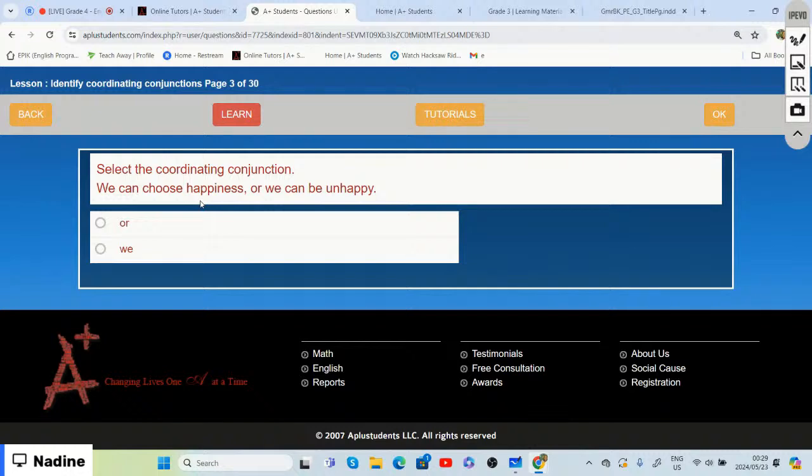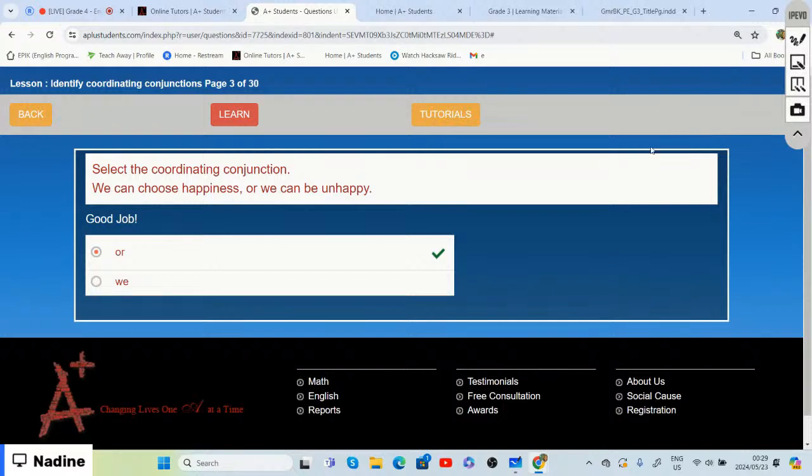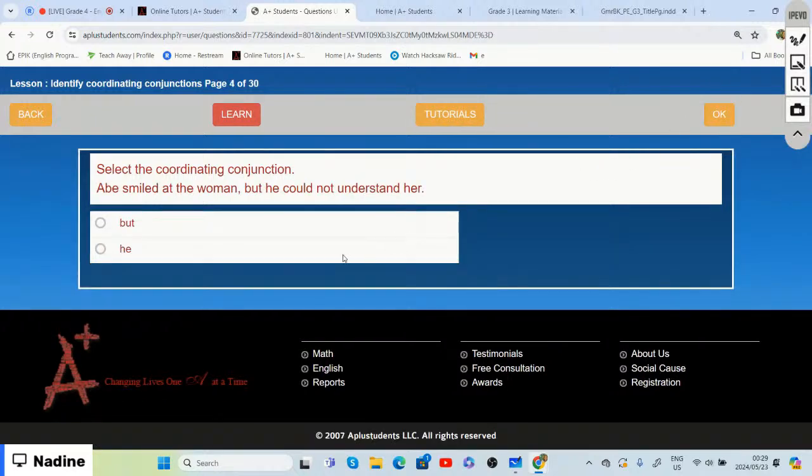And if we were to choose the correct answer, then we would say it is or, right? It is this or it is that. It is your choice.